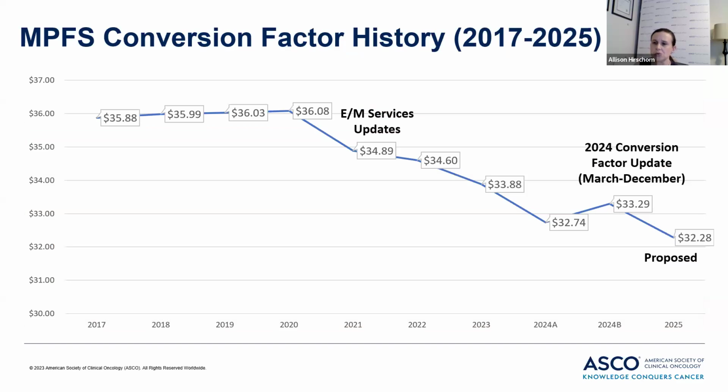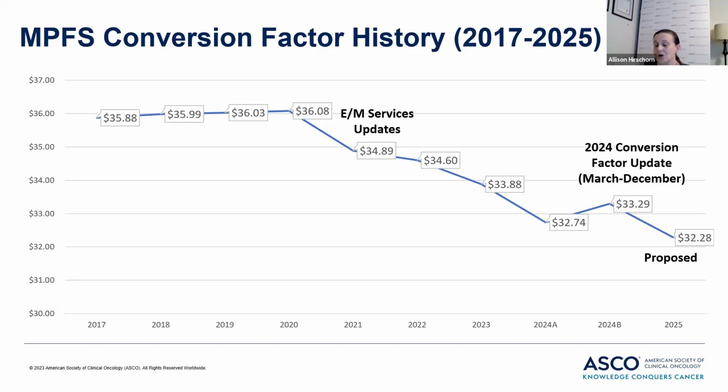When we look at the history of the Medicare physician fee schedule conversion factors, going back to 2017 and looking ahead to 2025, for a few years it remained relatively steady, but again dropped significantly after 2021. Remembering that everything has to be budget neutral, changes have had to be made to the budget to accommodate either new rates or new services.